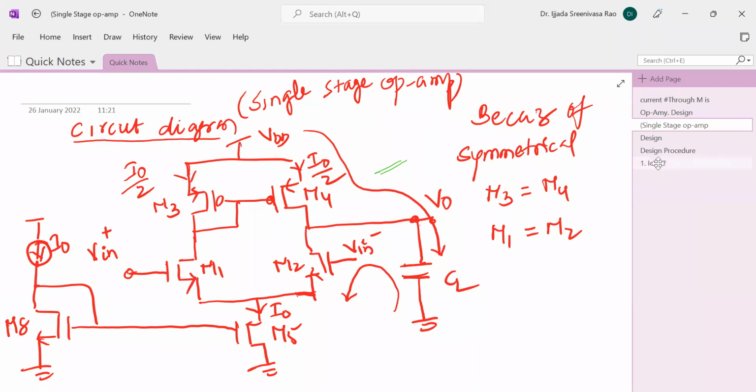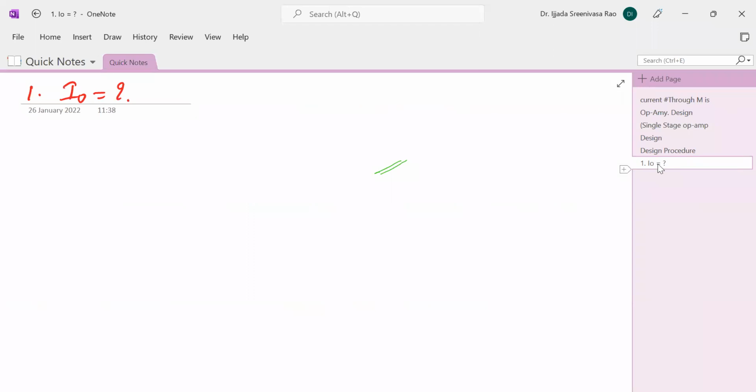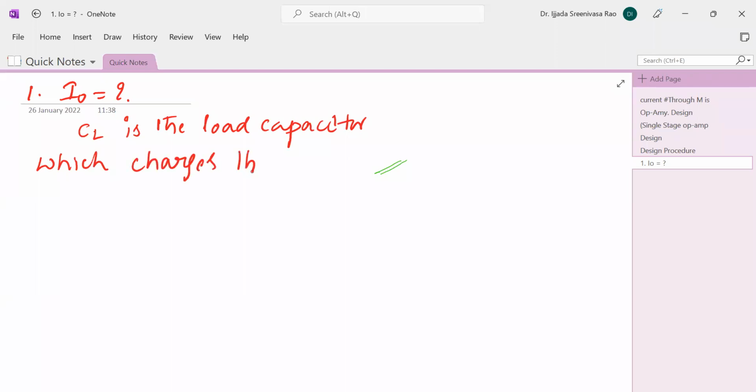So once again, if you take the same circuit, CL is the load capacitor, which charges through which transistor? M4, and discharges through M2.